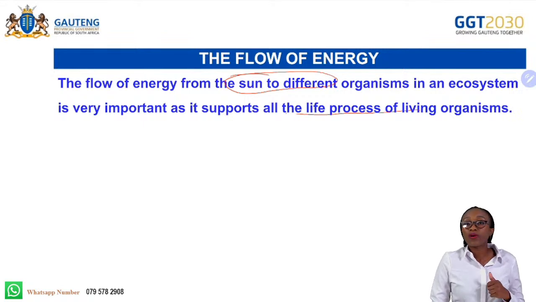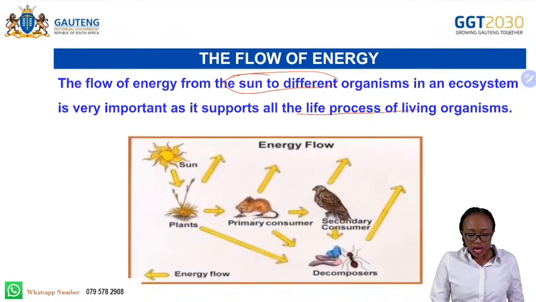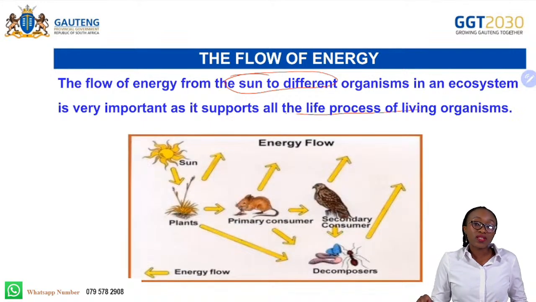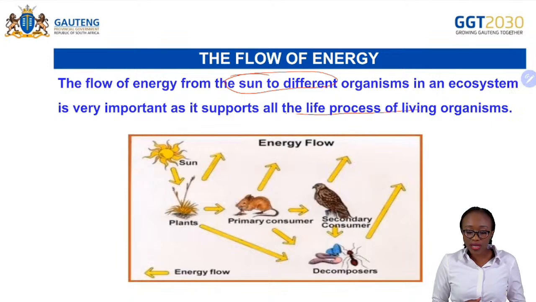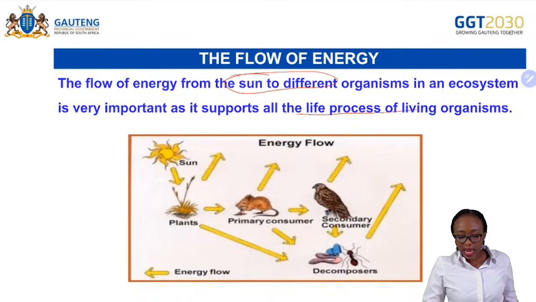Remember when we were learning about photosynthesis and respiration and how these two processes are very important in the 7 life processes of living organisms. So, the sun is the main source of energy. So the energy that flows from the sun to different animals at different levels is very important for support of their life processes.